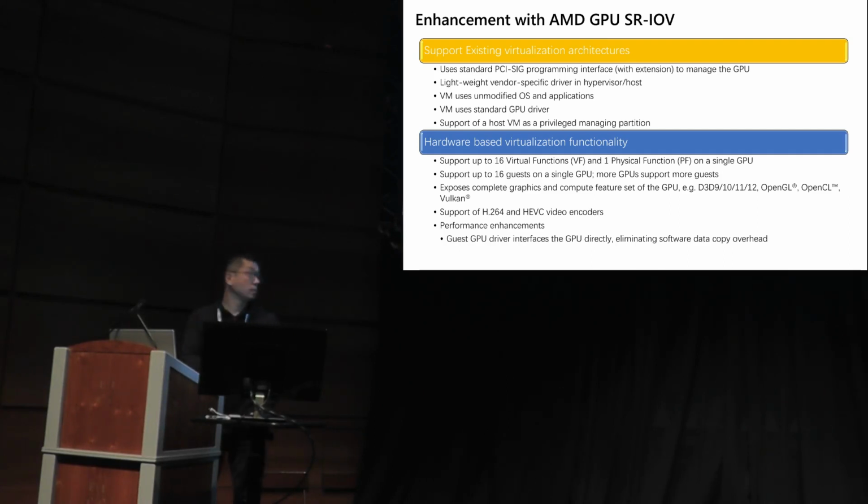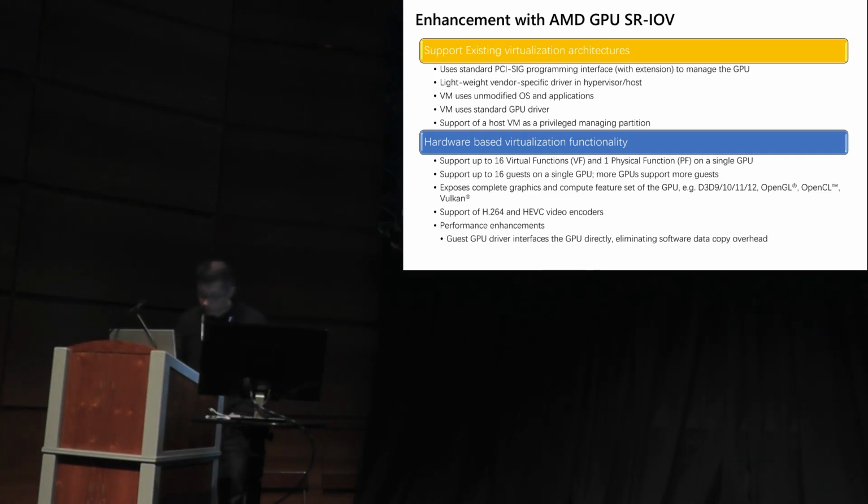The VMs use unmodified OS and applications, and can also use our standard GPU drivers in the guest VM. The host will be a privileged version that manages the partitioning. From the latest generation, we support up to 16 virtual functions with one physical function on a single GPU.